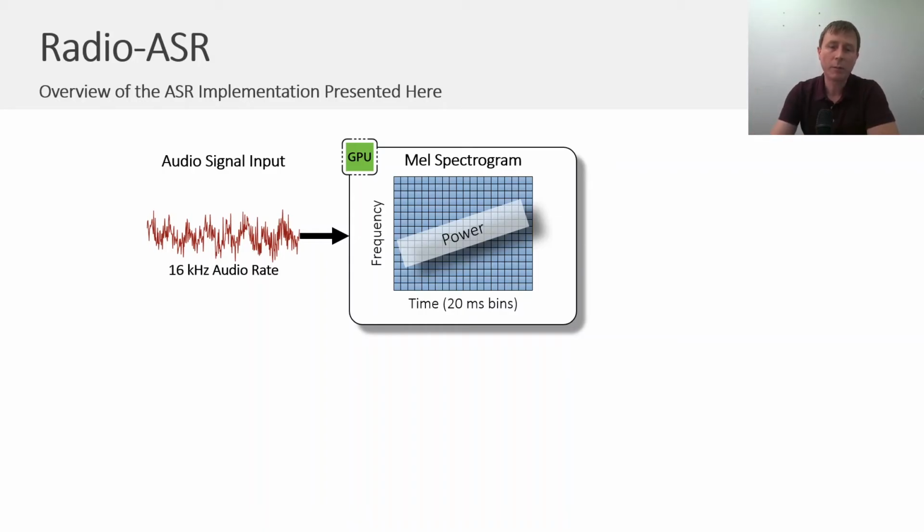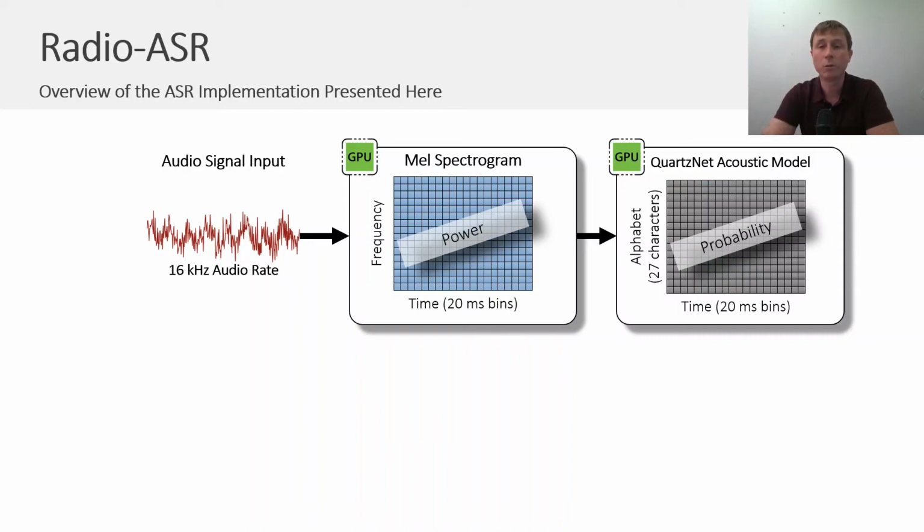Once we have our mel spectrogram, we then go through QuartzNet. So QuartzNet is a pre-trained model available with NeMo, and it turns each of these 20 millisecond columns into a probability distribution of which letter of the alphabet it is. And you'll see that we have 27 characters because we're including a space. So the 26 letters of the English language plus a space character.